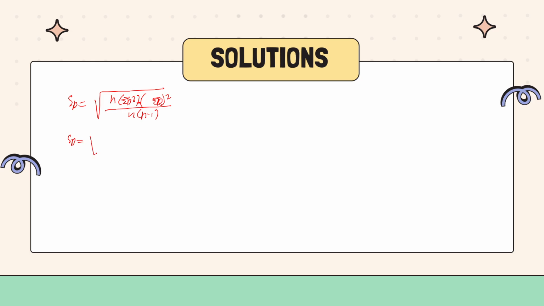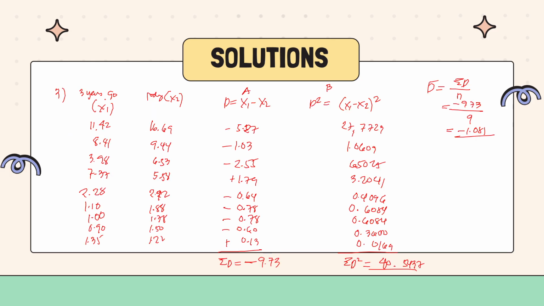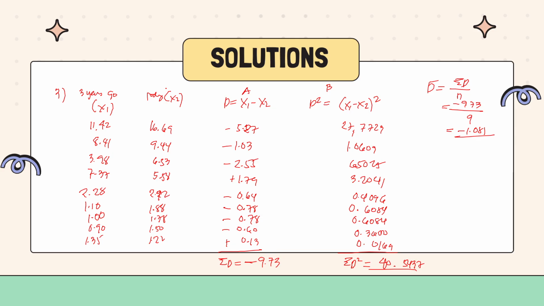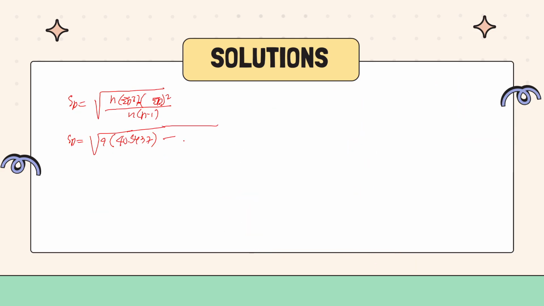So our SD is equal to the square root of 9 times 40.5437 minus negative 9.73 squared over 9 times 9 minus 1.